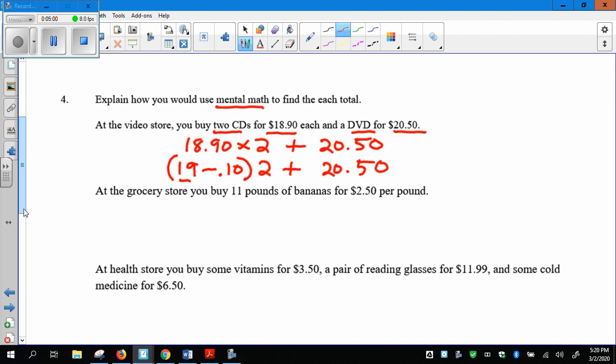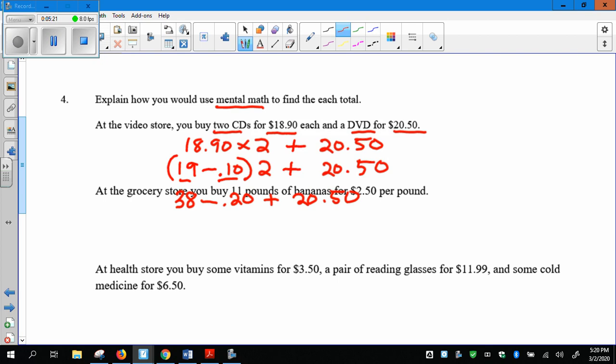So I can change this and just do 19 times 2, which is $38, minus 10 cents times 2, which is 20 cents. And then after I'm done with that, I need to add $20.50. So I just used the distributive property there to help me do that.